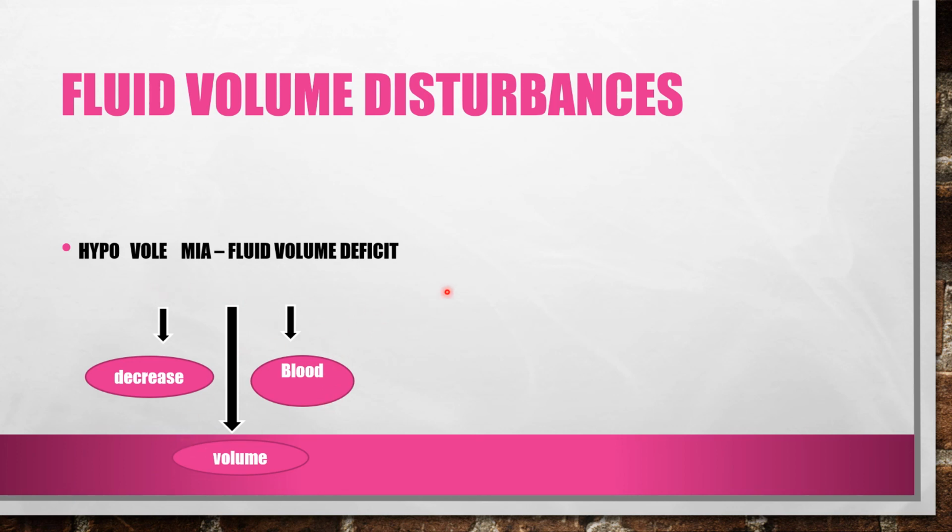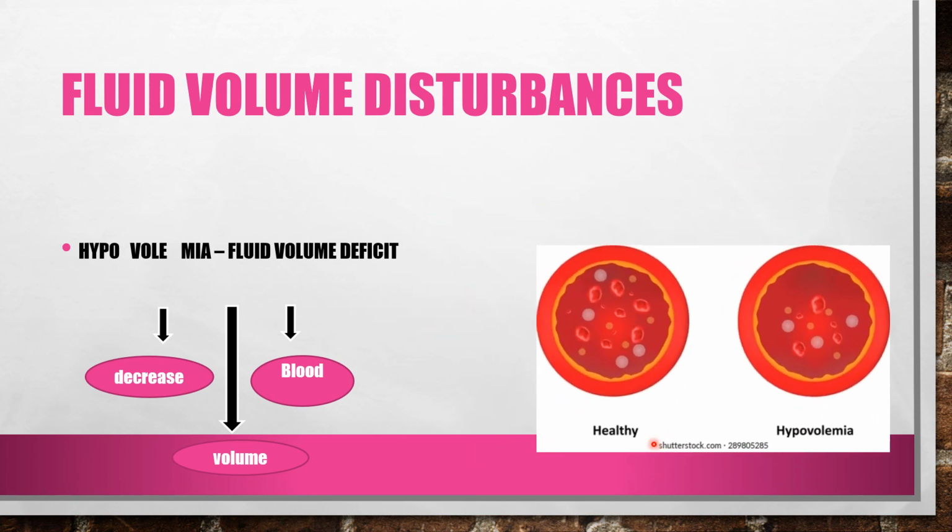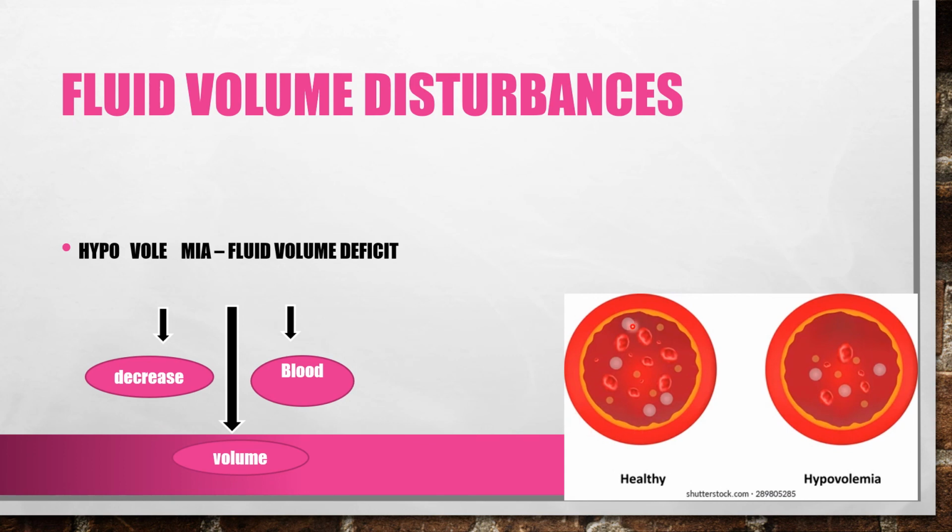That condition we call hypovolemia. It is one of the conditions coming under fluid and electrolyte balance. So this will be the next video, which I'll upload soon. If the person is healthy, their blood vessels would be like this. If the person has hypovolemia or hypovolemic shock, it will be like this, where the fluid content is lost.